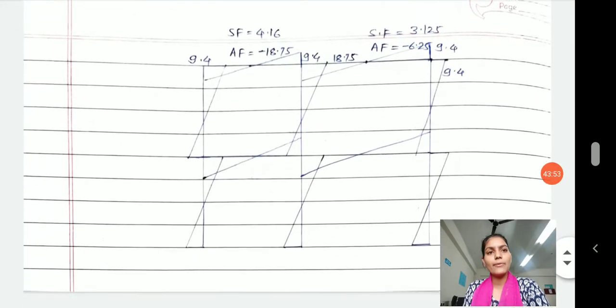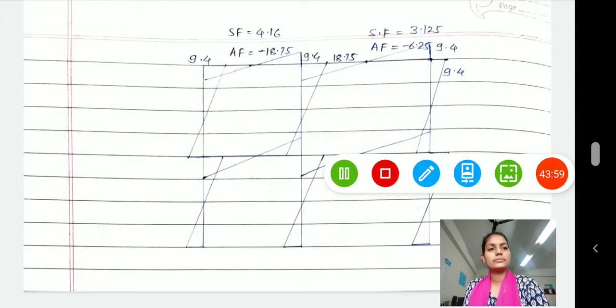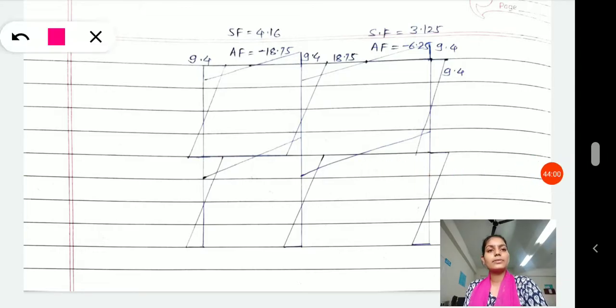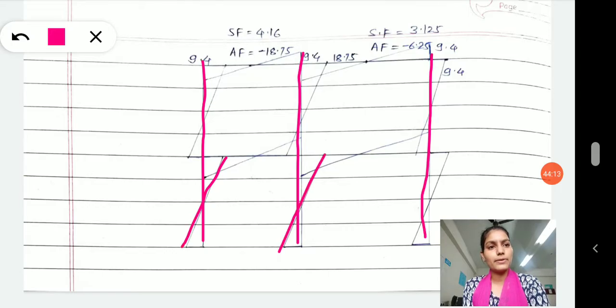Now I am trying to draw a bending moment and shear force diagram. You can see here, this is my original frame. For columns I have shown this type of diagram. For beam I have shown this type of diagram.